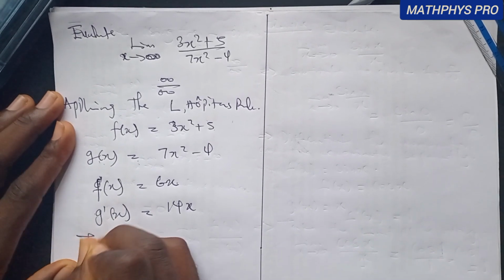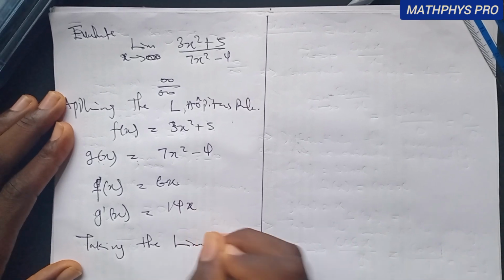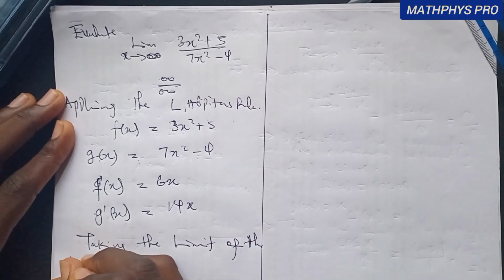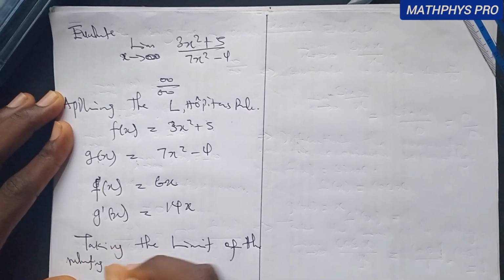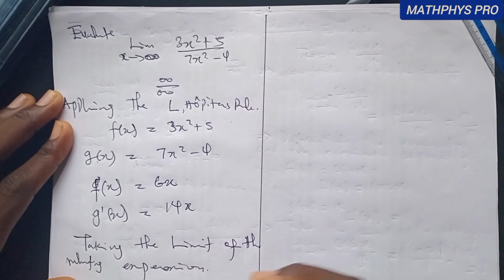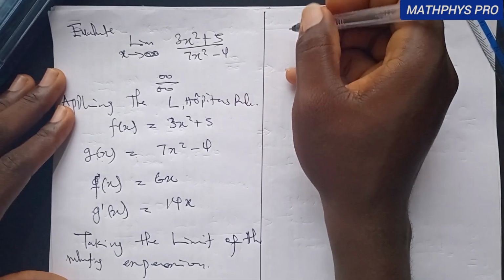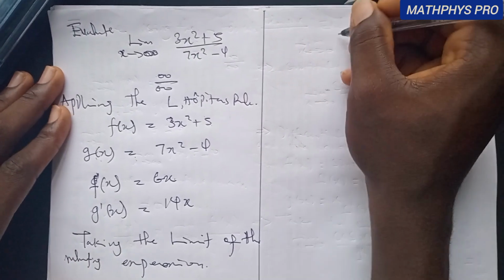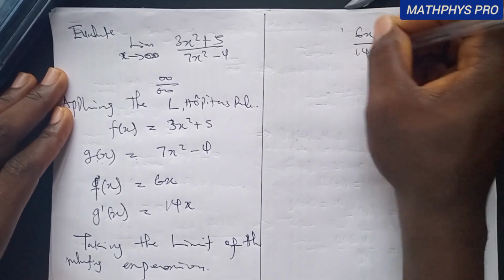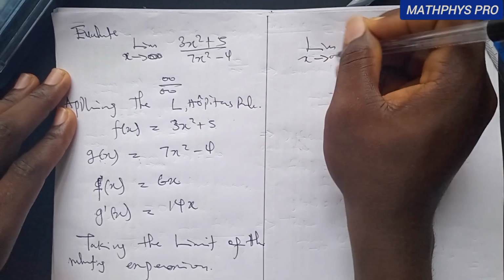Now, the next step is to take the limit of the resulting expression. So our resulting expression is 6x over 14x, the limit when x tends to infinity.